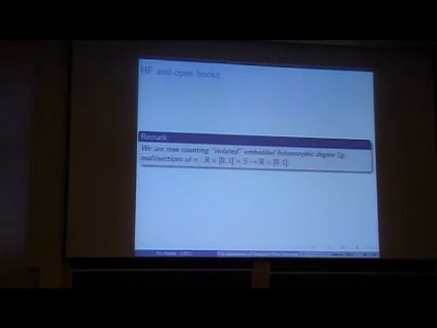Okay, so the setting here is that we're now counting isolated embedded holomorphic degree 2G multi-sections of something that looks like this with fiber S. On the ECH side you have a base which looks like a cylinder and has fiber S. On the Heegaard Floer side, you actually have an infinite strip with fiber S. We've somehow gone from sigma to S. So we have things which look very similar: both of them have fiber S, one is a strip, the other is a cylinder.